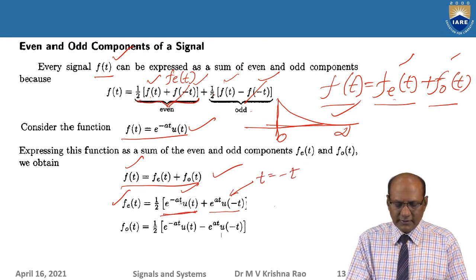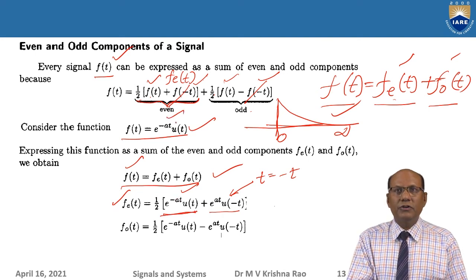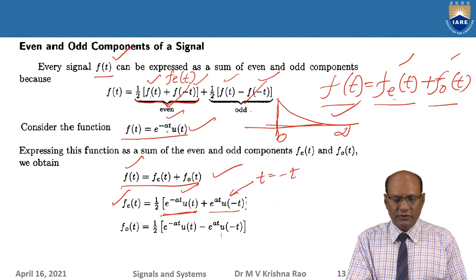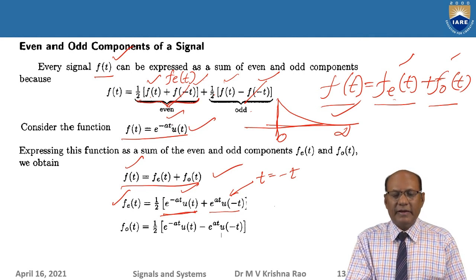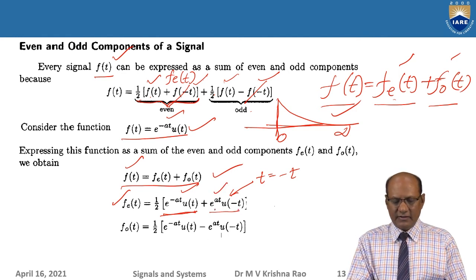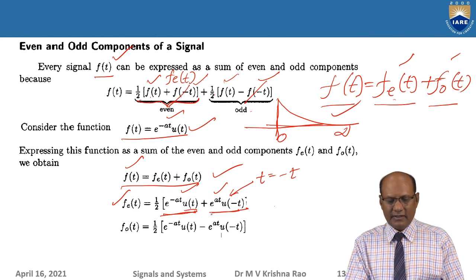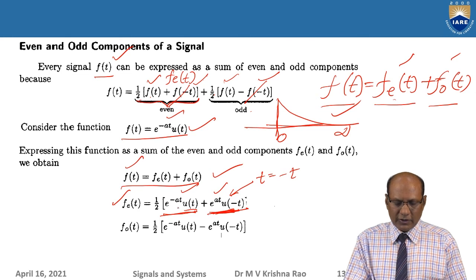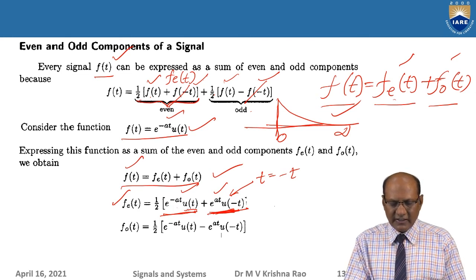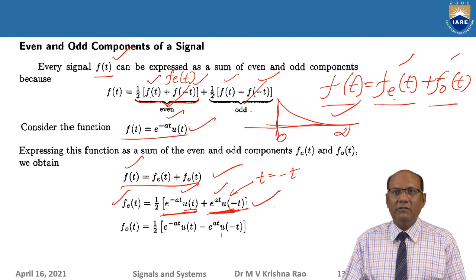So it will become e to the power of minus at multiplied by u of t, and here u of minus t, e to the power of plus at. So this is what I have. Half of e to the power of minus at into u of t plus e to the power of at multiplied by u of minus t. So this is the even function.